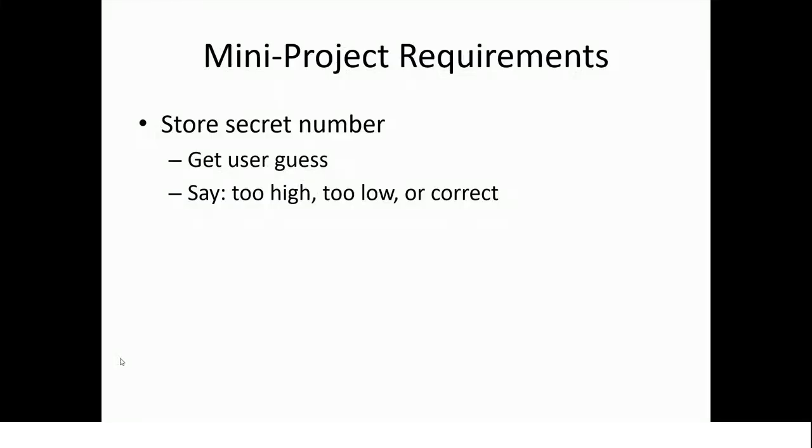So here are the requirements. You're going to store a secret number. You're going to get the user guess. So you'll use the input statement that we learned in the prior video. It will help you brush up on your prior skills.